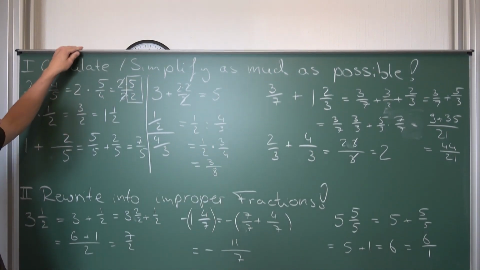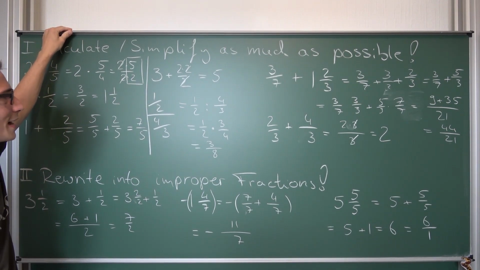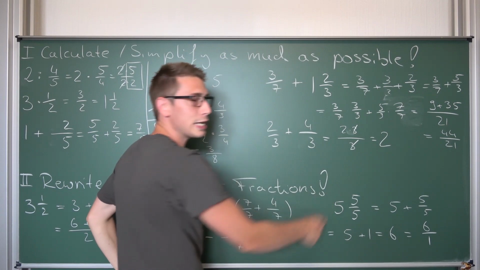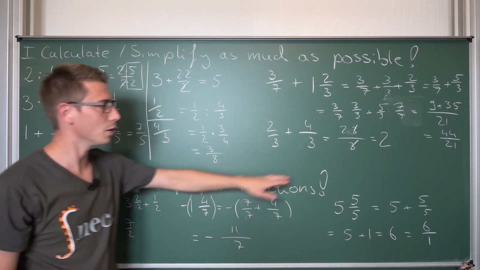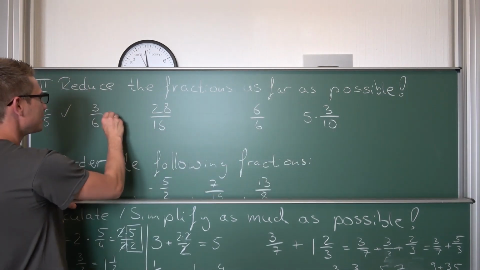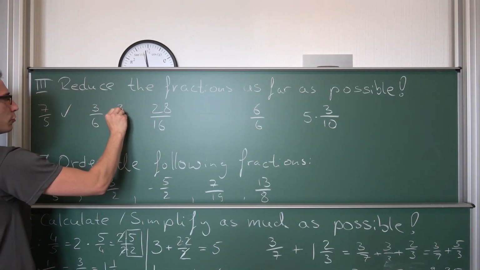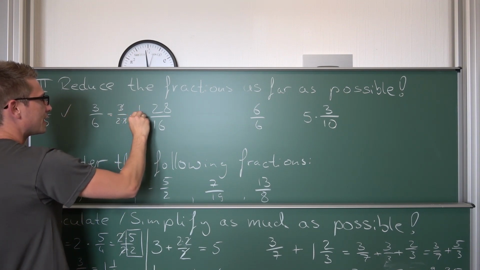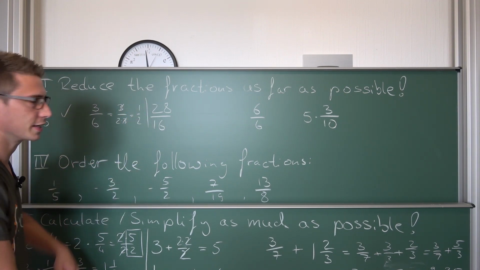We had 6/3, and what was the common factor cancelling out? Well, it was obviously the 3 here. So we can rewrite 3/6 as being nothing but 3/(2 times 3), meaning 3 and 3 is going to cancel out, leaving us with 1/2 after everything.